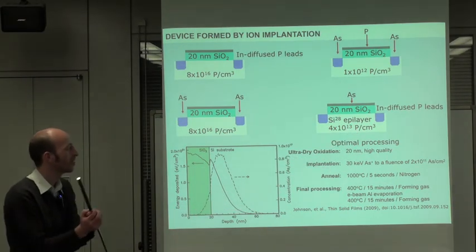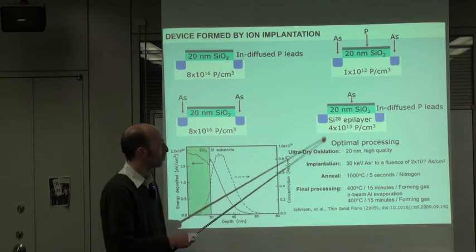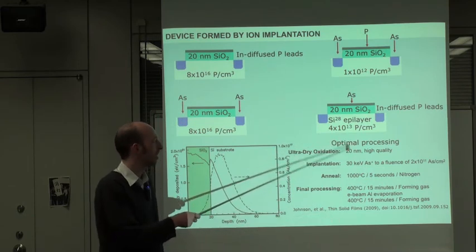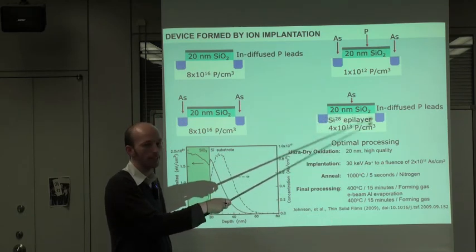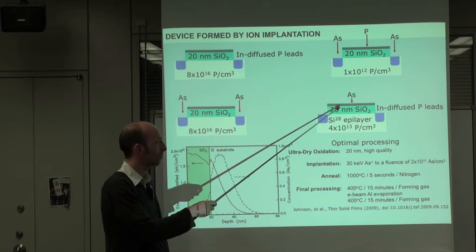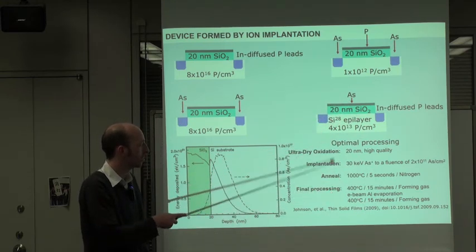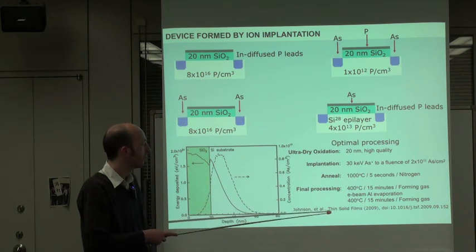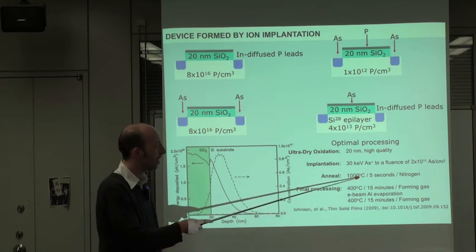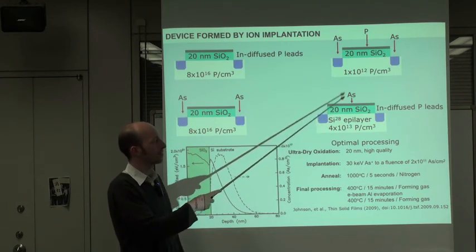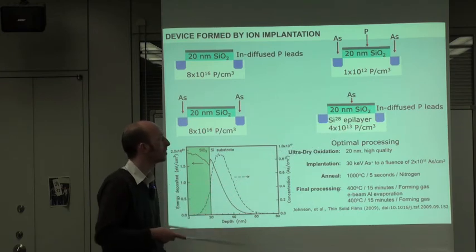So that was a little bit annoying, but we were able to optimize at least by looking at the defects created here, minimizing those, and came up with this fabrication process.